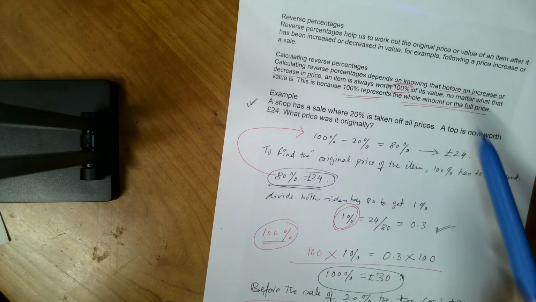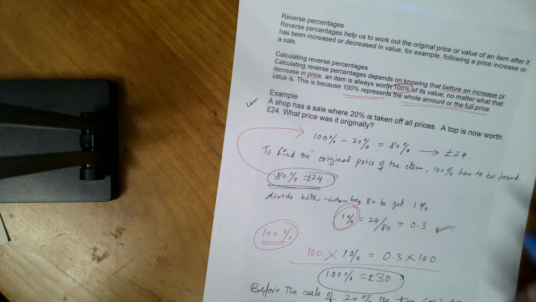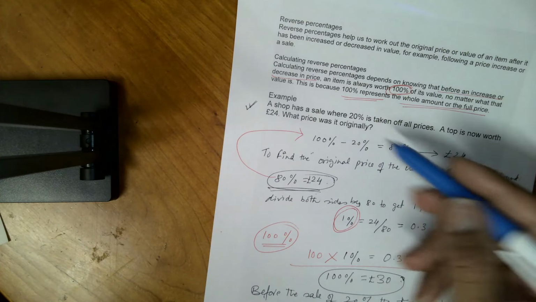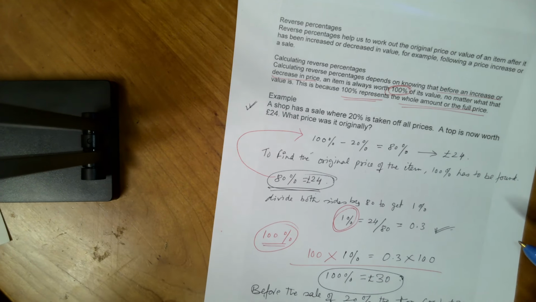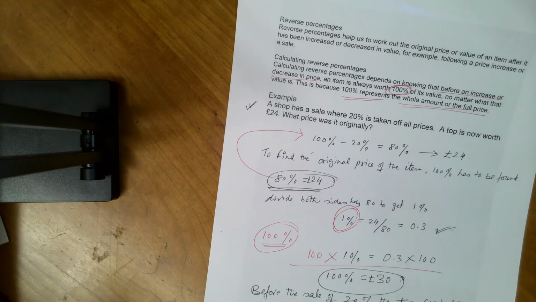Okay, that's definitely no. So follow this method, and that's the easiest way I could think of for my students. Reverse percentage plays a very big role in life. There are a lot of things we work out using reverse percentage.